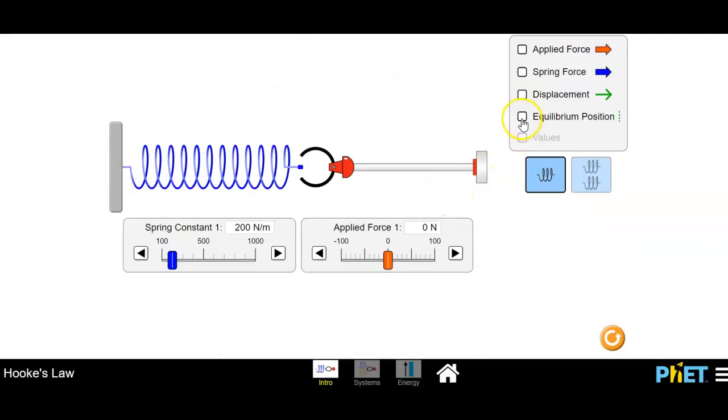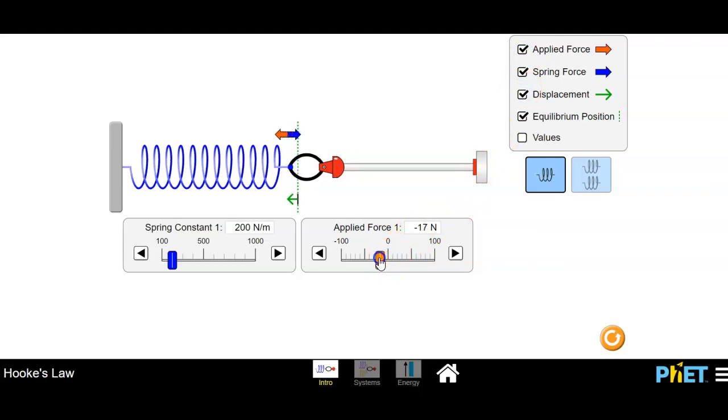So if I apply a 1 Newton force, or a 20 Newton force, okay, my applied force is that way. The spring force is actually pulling it back the other direction. So the restoring force in this one is actually the spring force.